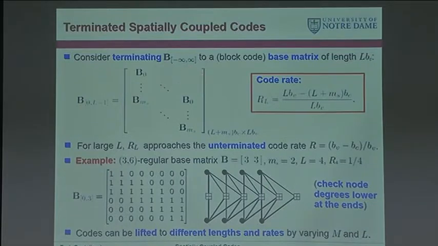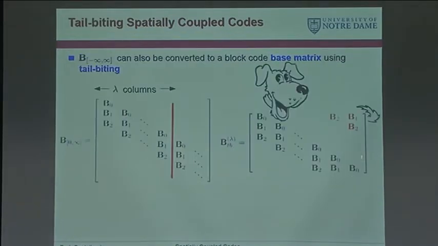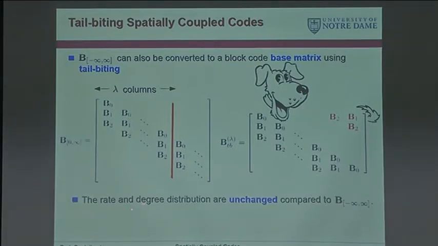Again, remember that this is diagonal, and the upper part and the lower part are all zeros. So you can flip that up here, and when you do that, the rate and the degree distribution are unchanged compared to the bi-infinite matrix.